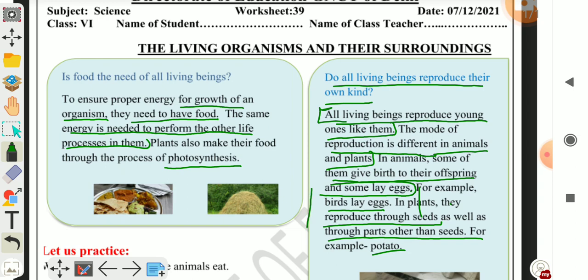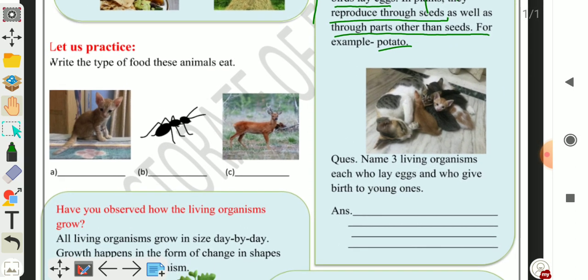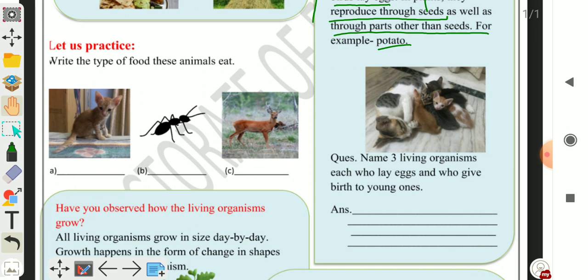Now, let us practice. Write the type of food these animals eat. First one is cat. Cat is an omnivorous animal. It feeds on milk and also eats rat.